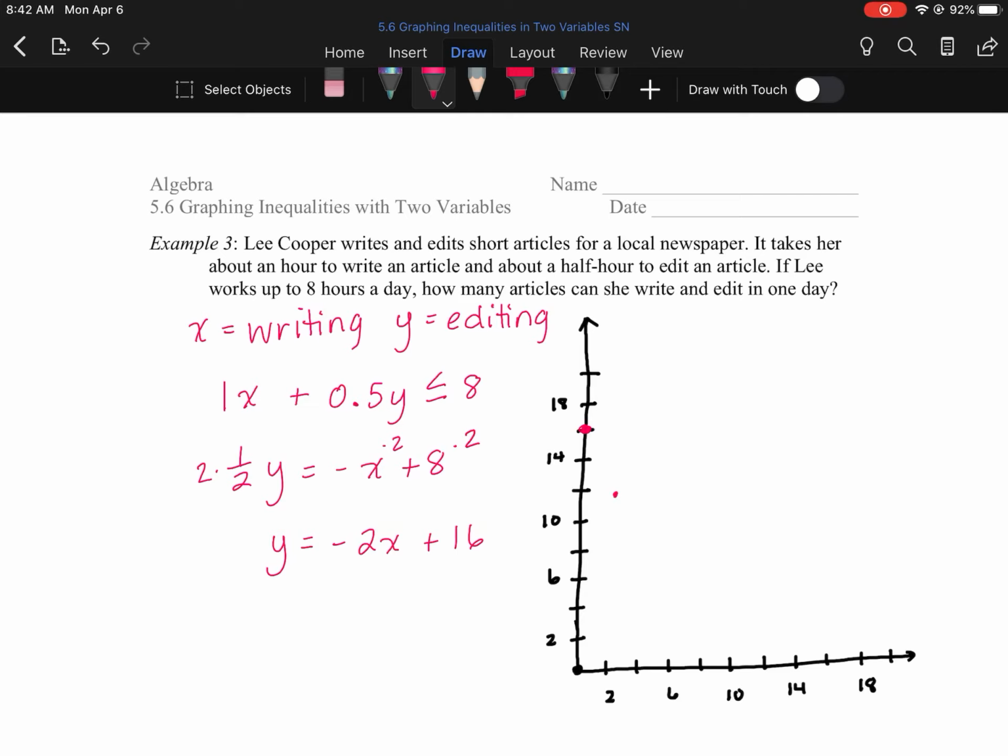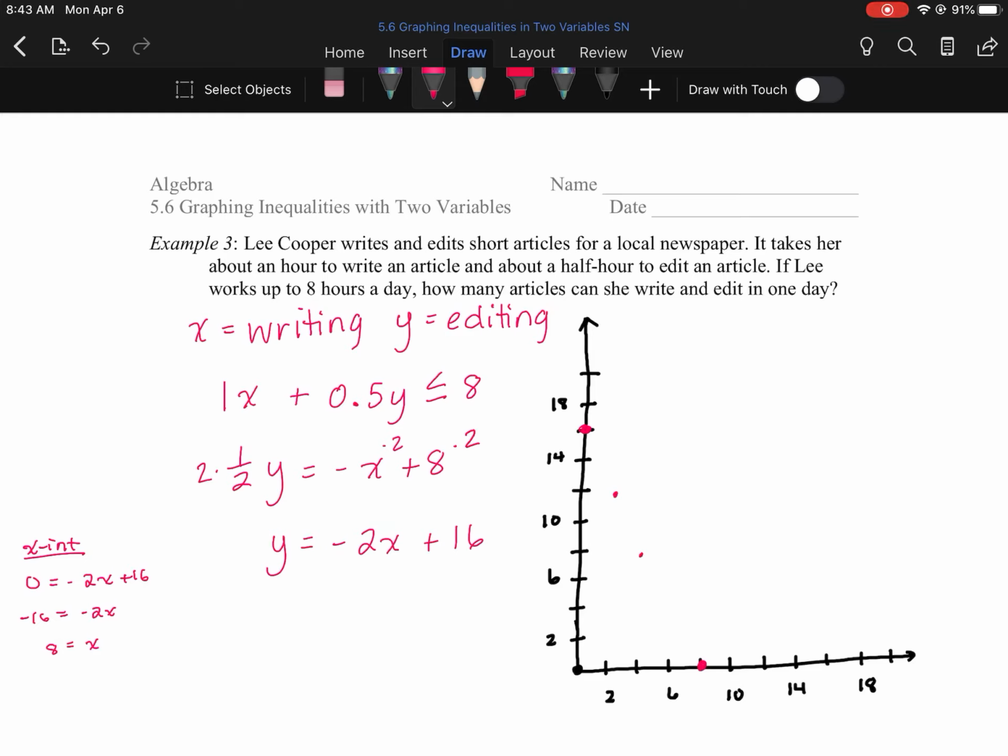The other way you can do this is to find the x-intercept. So I'll go over that. If you wanted to find the x-intercept, that means y is 0. So I would do 0 equals negative 2x plus 16. So I would subtract 16 from both sides, divide both sides by negative 2, and we get x is 8.